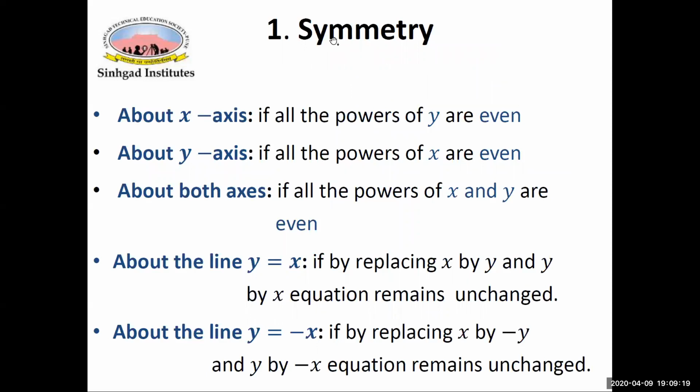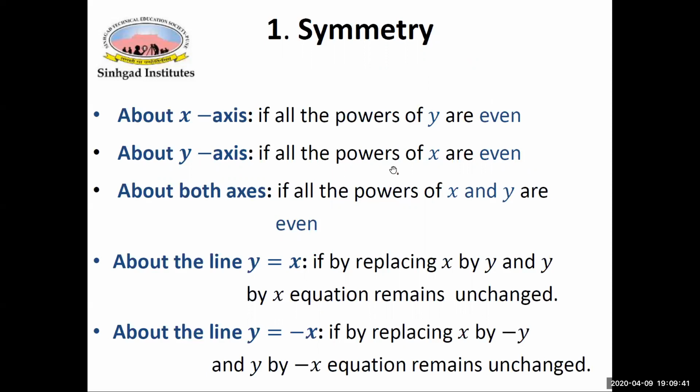First point, symmetry. To check symmetry about the coordinate axes, we have various conditions. First, if all the powers of y are even in the equation of the curve, then it indicates that the curve is symmetric about the x-axis.